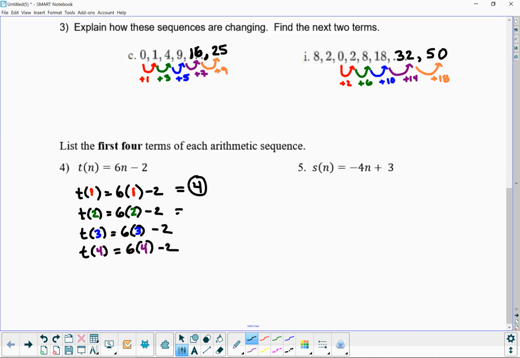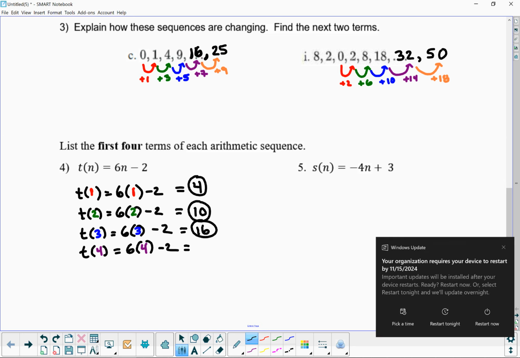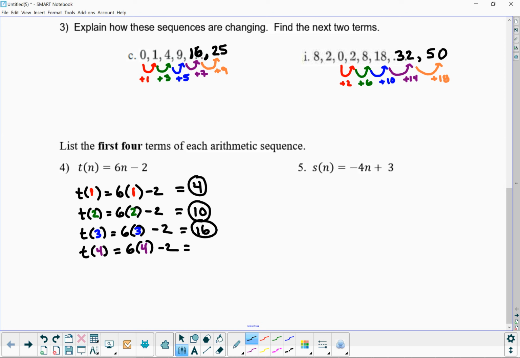My second term is 6 times 2 is 12 minus 2 is 10. My third term, 6 times 3 is 18 minus 2 is 16. My fourth term, 6 times 4 is 24, minus 2 is 22. Okay, so my arithmetic sequence starts off with 4, 10, 16, 22.